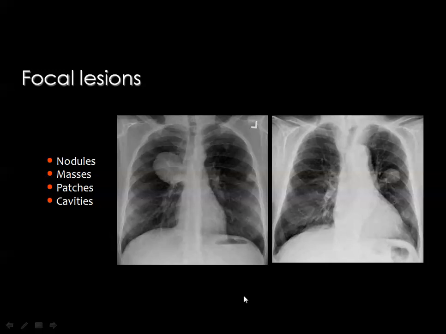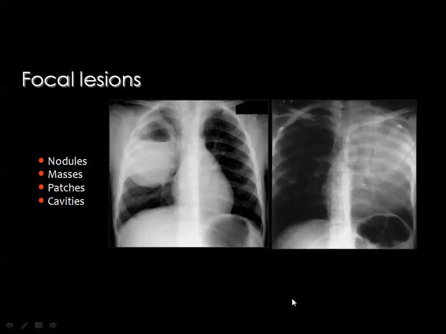Then, if you have decided that you are dealing with a focal lung lesion, what are the possibilities? We have 4 possibilities. Number 1 is a nodule, which is a well-defined lesion that is less than 3 centimeter in diameter. And the mass is a well-defined lesion that is more than 3 centimeter in diameter.